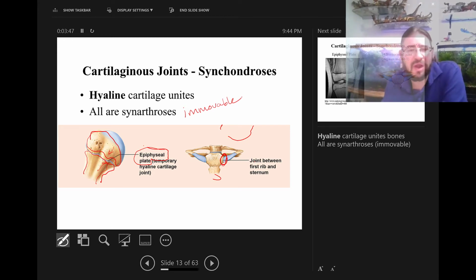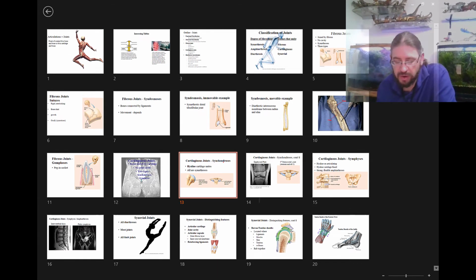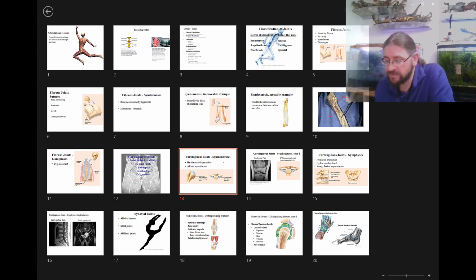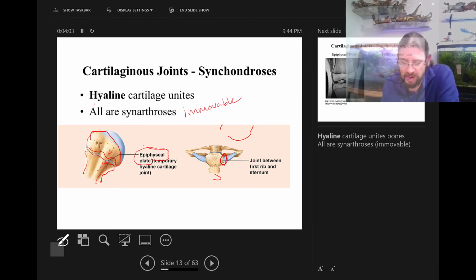So the synarthrosis that is a part of the syndesmosis or the gomphoses or the suture is fibrous connective tissue. Here we have hyaline cartilage.